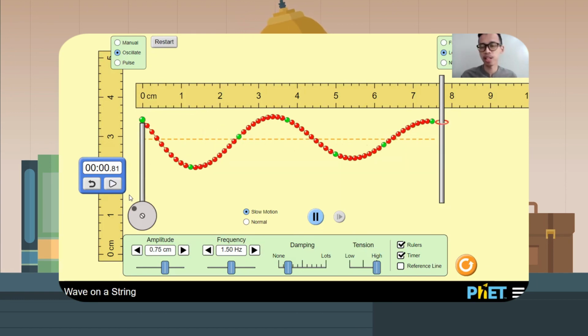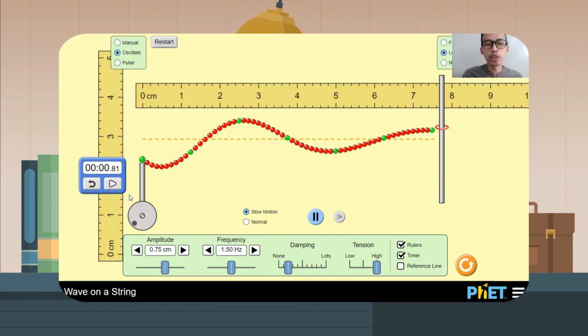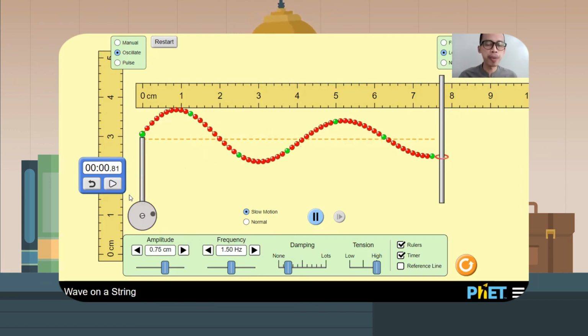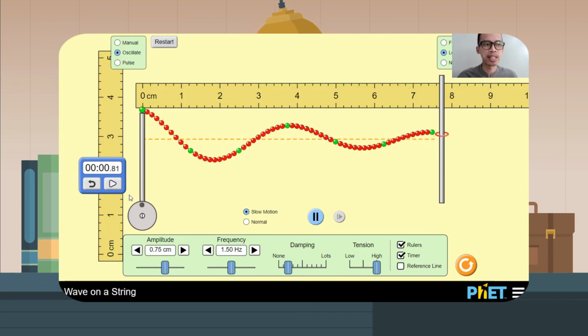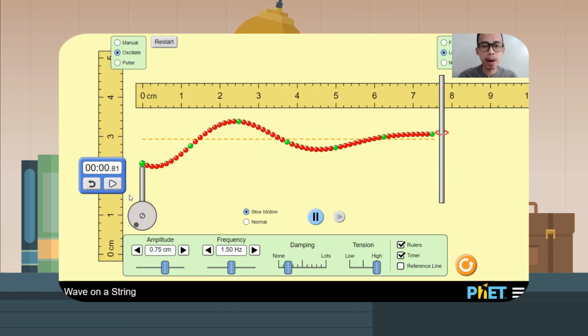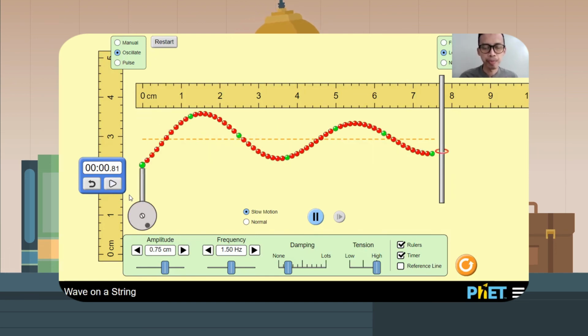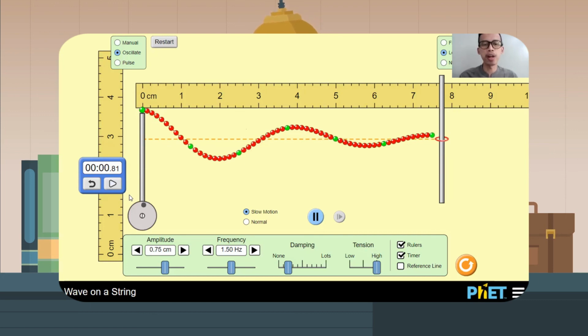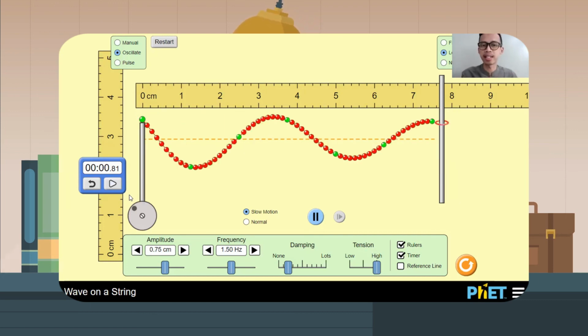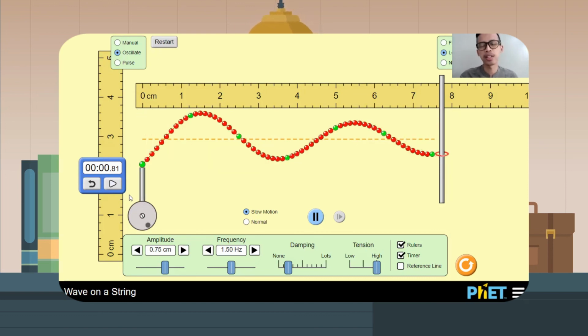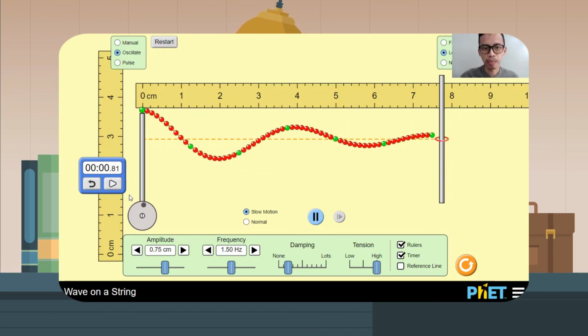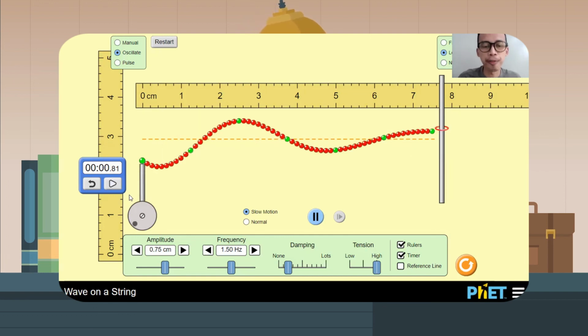So to find the speed of this wave, you can simply divide the distance by the time. One more time, the speed of the wave is the distance traveled by a point of the wave in a certain time. That's all the quantities for today, everyone.